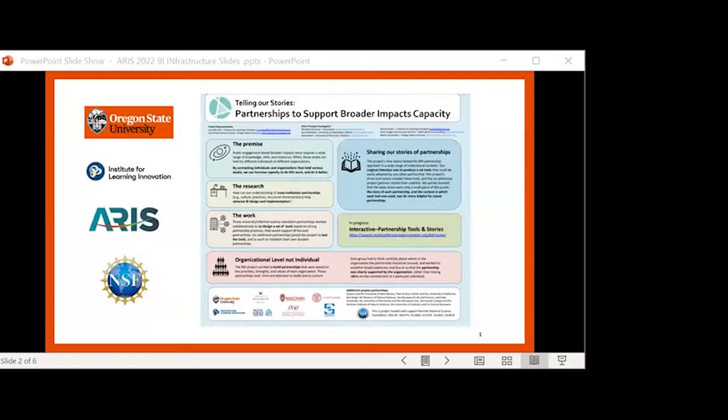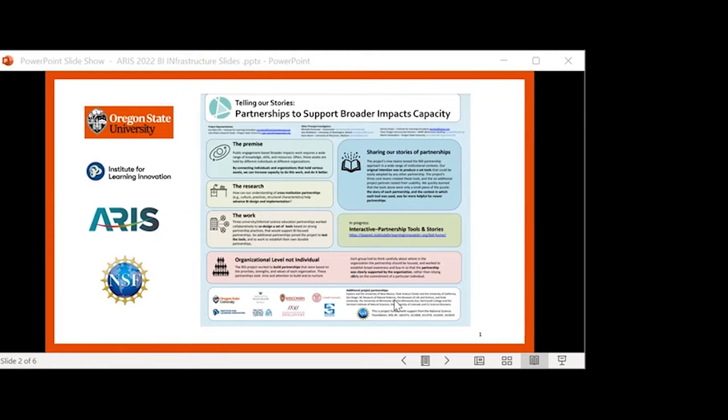All right, so you may have seen the poster presented by Eve Klein and others. There's a handful of people on this call who are familiar with the Broader Impacts Design Project. But this poster, Telling Our Stories, Partnerships to Support Broader Impacts Capacity, summarizes what we've done with that project. It is coming to a close, but it's available in the attendee hub if you're interested to learn more about broader impacts design.